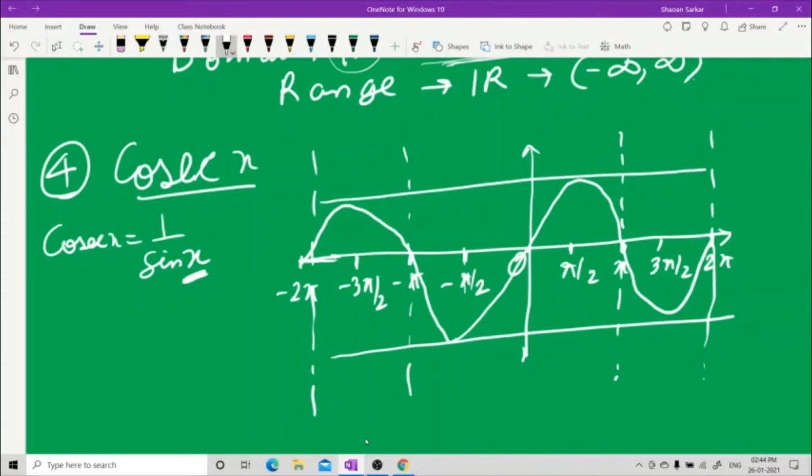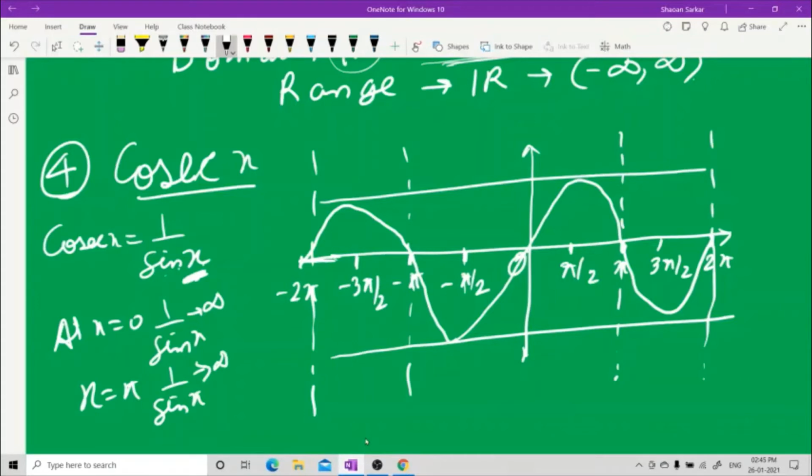Now see, at 0, sine 0 is 0, and 1 upon 0 is infinity. Similarly, at x equal to pi, 1 upon sine pi would also go to infinity. Keep this thing in your mind.